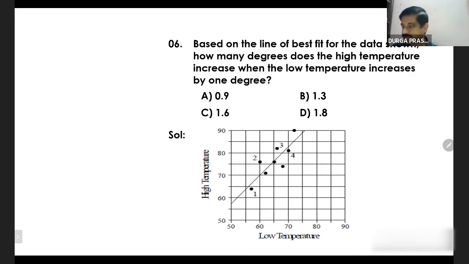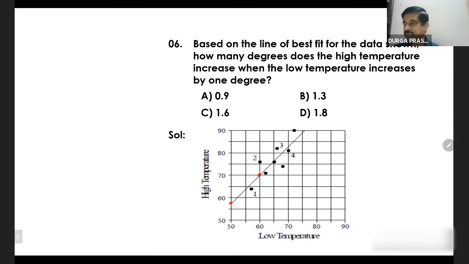So the increase for 10 degrees, the increase in high temperature is approximately 57 to 70. 57 to 70 means 13 degrees increase, and low temperatures are 10 degrees.